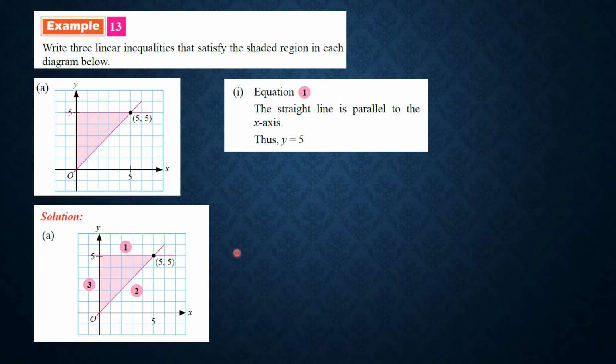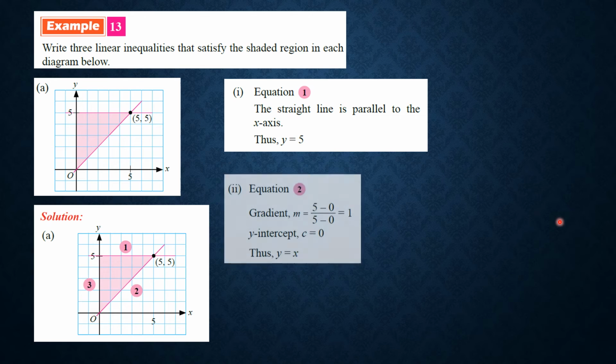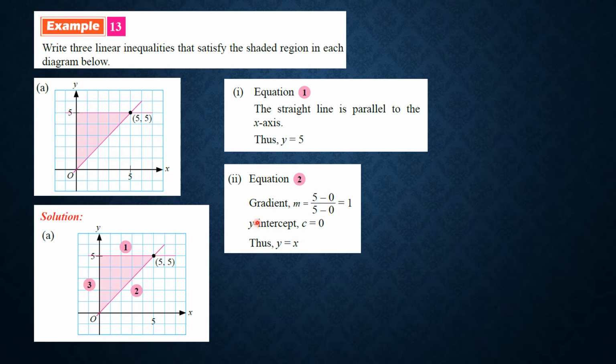Next is the number 2. It passes through 0, 0 and 5, 5. So what you must do is use the concept y equal to mx plus c. First you find the gradient. You take y2 minus y1, I hope you all still remember the formula to find the gradient of the line, y2 minus y1 over x2 minus x1.